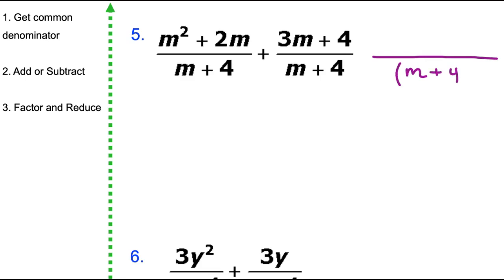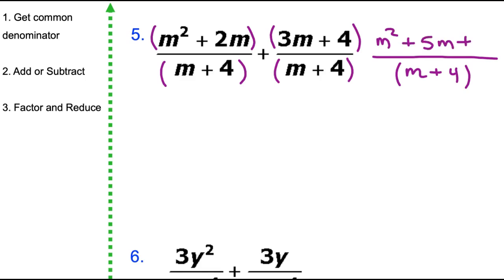And sometimes it helps to think of that as the whole binomial if you put parentheses around all these things, so you just don't start crossing stuff off. So m squared plus 2m plus 3m plus 4 is a total of m squared plus 5m plus 4. And so now I have a trinomial numerator. So all that stuff is equal to that.